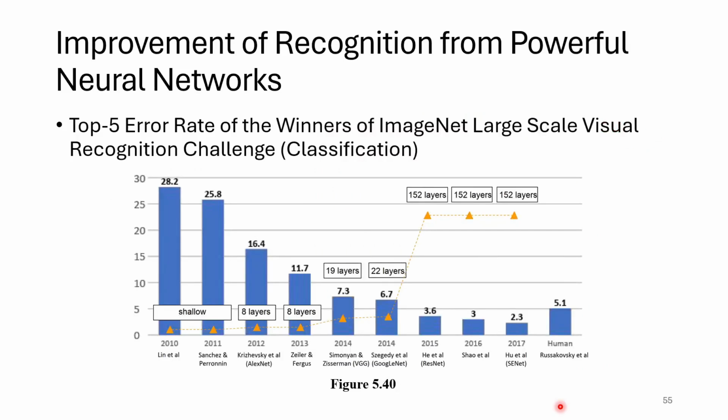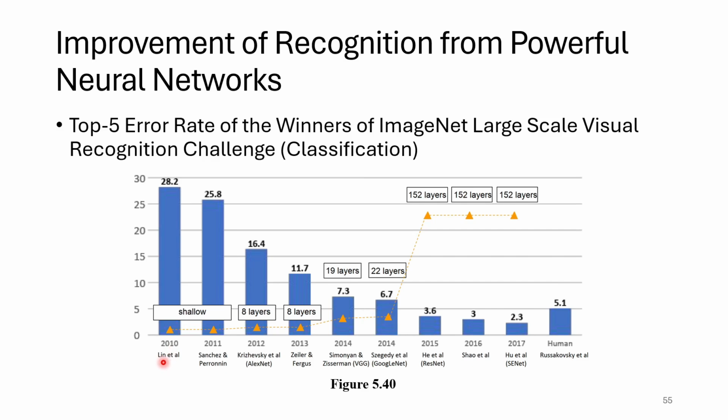Now let's go back to the image classification task. As you can see, this is the top 5 error rate for the ImageNet challenge. Year by year, they developed better algorithms to achieve lower error rates.